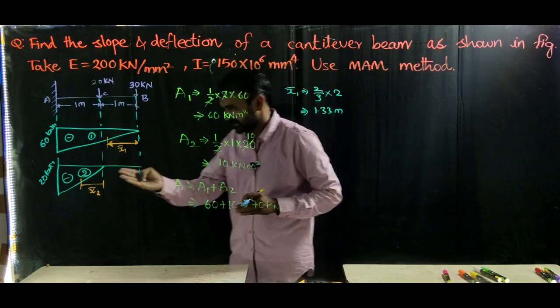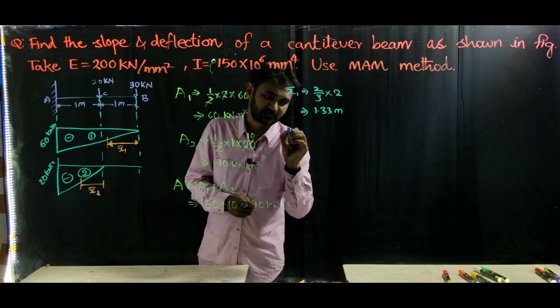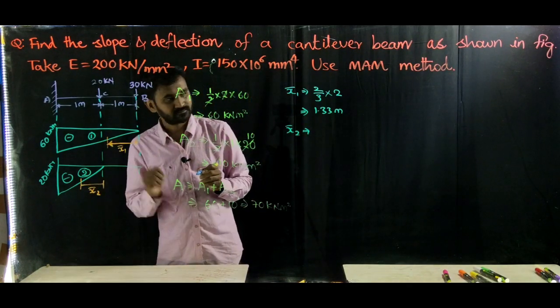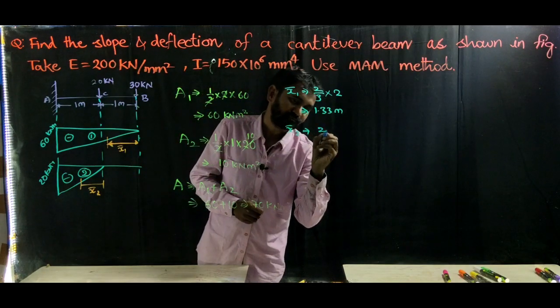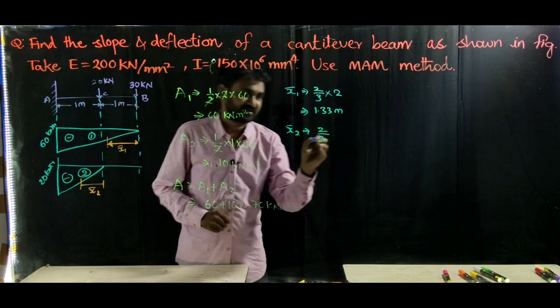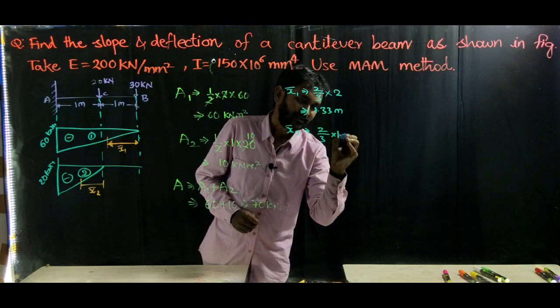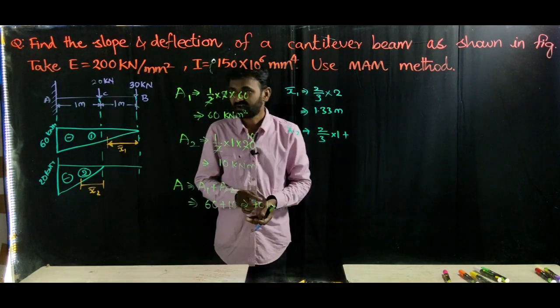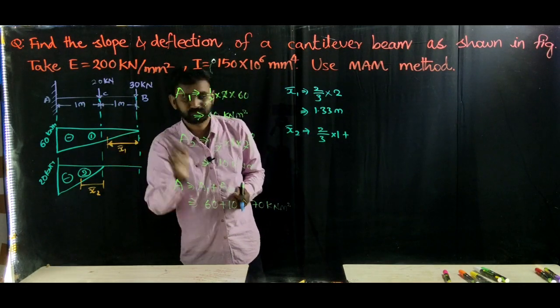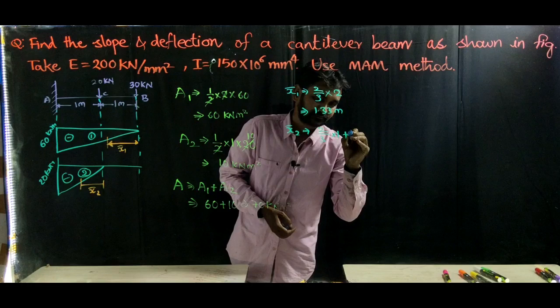Similarly, you have to calculate x bar 2 also. For this, same, 2 by 3 of the base. What is the base here? 1 meter. So 2 by 3 into 1, plus you have to add this distance, because you have this length over here.